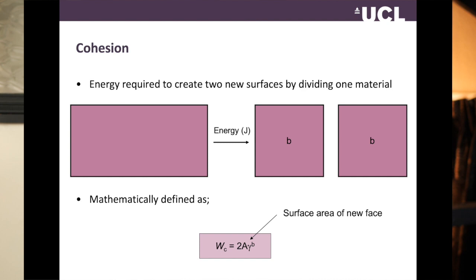So let's look first at the work of cohesion. Cohesion, remember, means two like materials coming together. So the easiest way to consider this is to take one material and split it into two and see what energy was required.